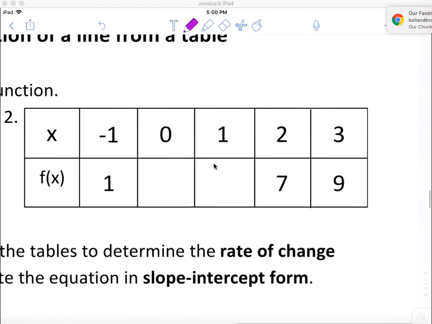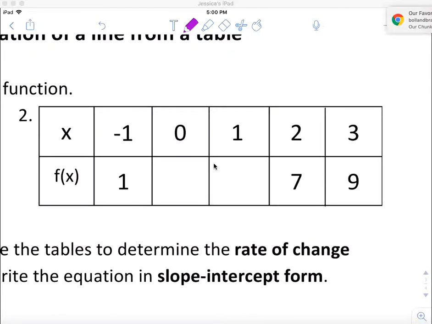For number 2, if you look at this, my x's are going up by 1s again, but my y's are going up by 2s. This one is not as easy to see because you're not just multiplying your x by something, you are also adding somewhere. So in this case, you are going to need to find your slope and your y-intercept.